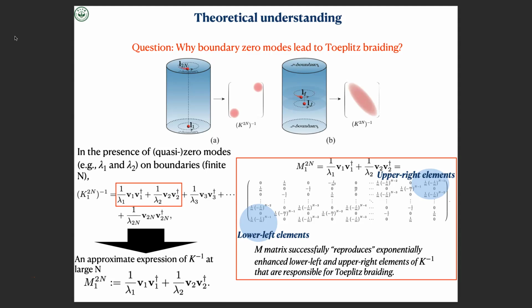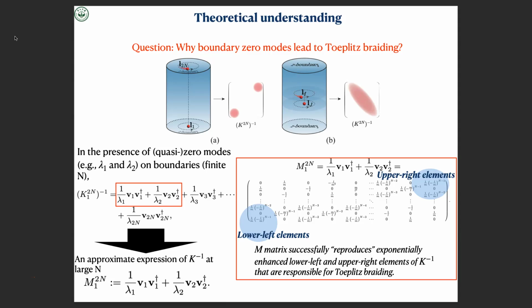Because in the general case, we don't have an analytical way to solve for this K inverse, right? K inverse is a very hard problem. But in some special cases, when K is the SSH Hamiltonian, we can compute this K inverse. In general, we don't have an analytical way to compute the inverse of any K matrix. So here we have a way to approximate this K inverse by using this M matrix.